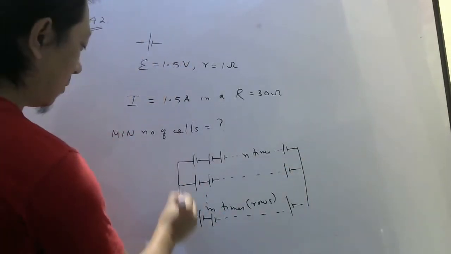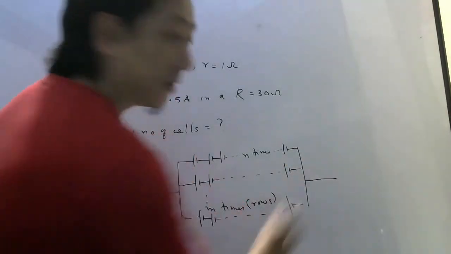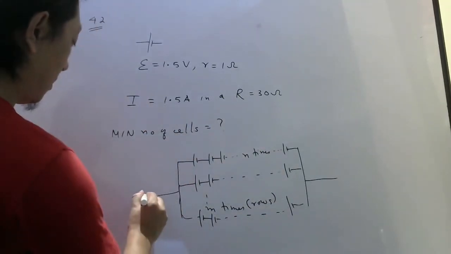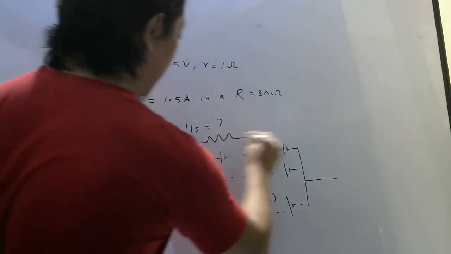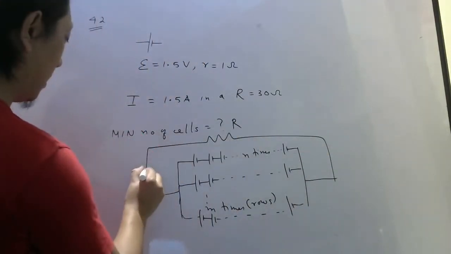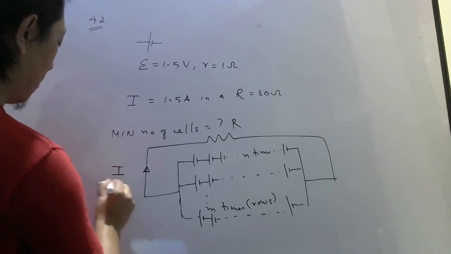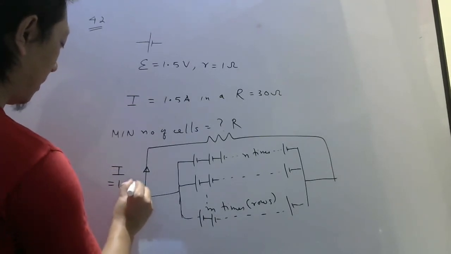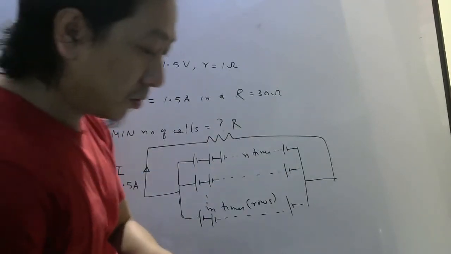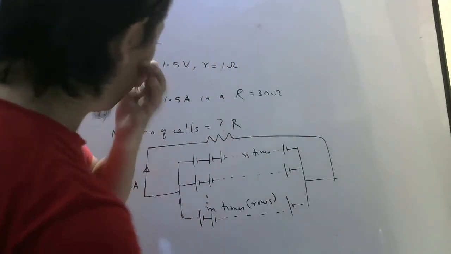So this is the combination of cells you have to imagine. If you connect it to an external circuit whose resistance is capital R, the current here should be 1.5 ampere. That is what they are asking. So how many cells do we have to use? So let us try to solve.